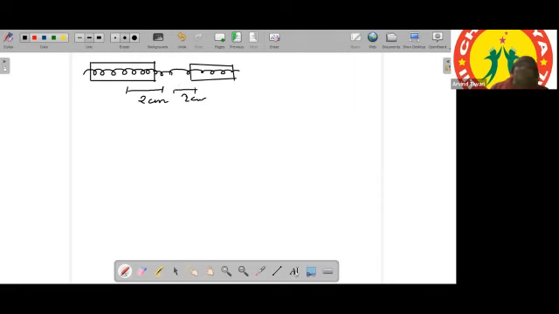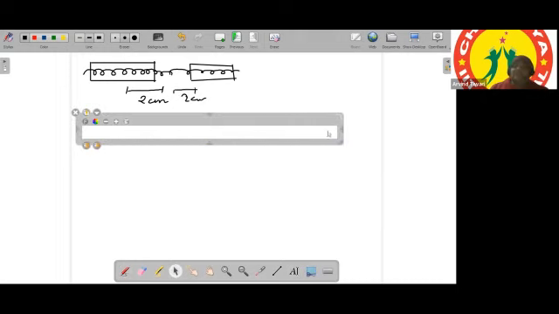Now let us see another important concept, that is conservation of momentum, which is based on action and reaction forces.